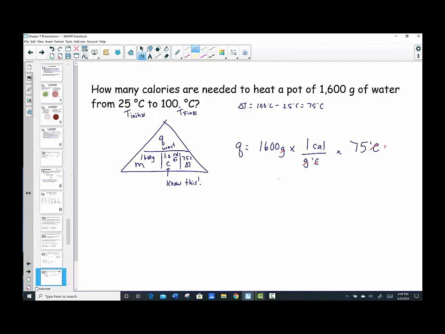When we multiply m times c times delta T, you found Q, and Q comes out to be calories of energy. So we're just going to take 1,600 times 75 and we get a big number. How many zeros are on your screen? 120,000?